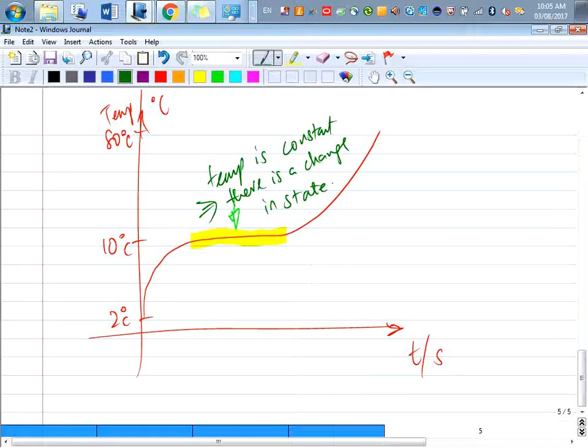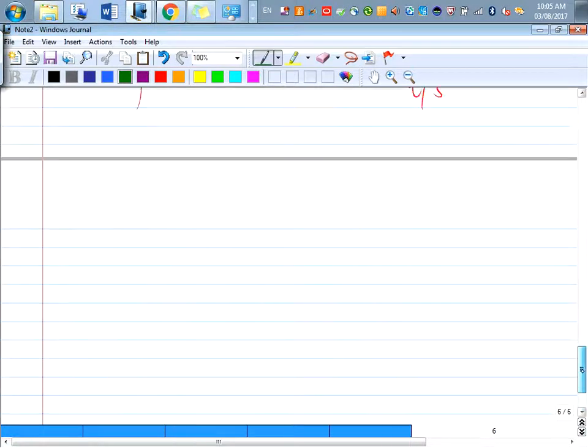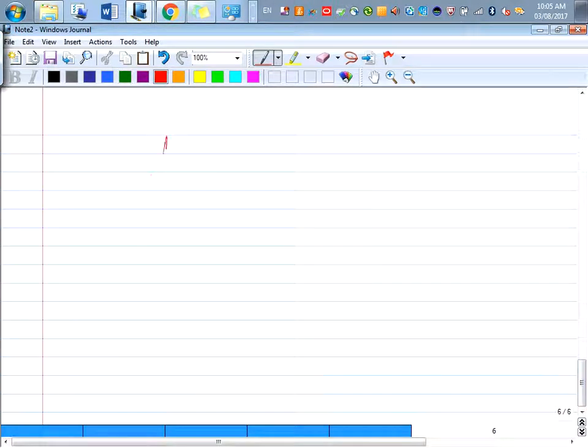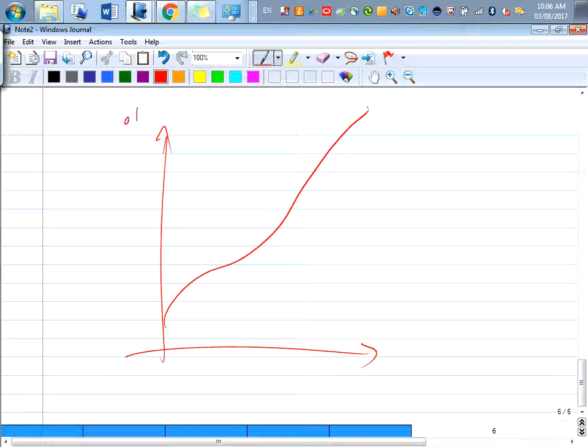Can you imagine if I give you a graph of an object that is like that, temperature and time. Ask you what's the melting point. Can you identify the melting point? You cannot. There's no flat horizontal region for us to identify the change in phase.